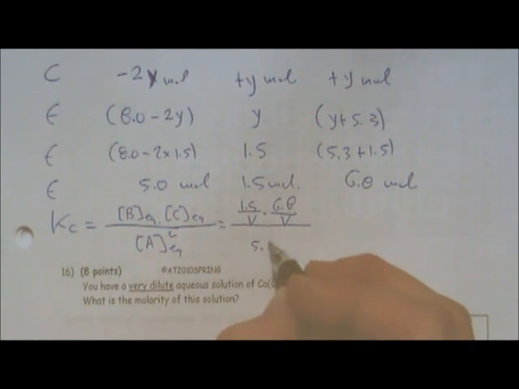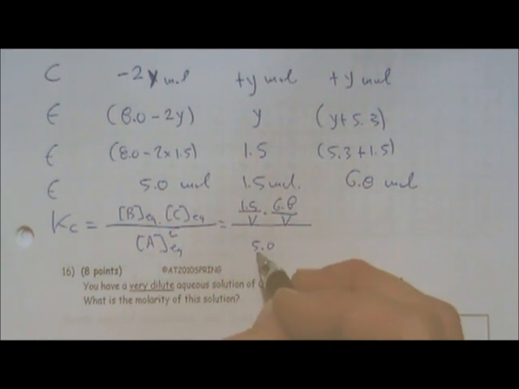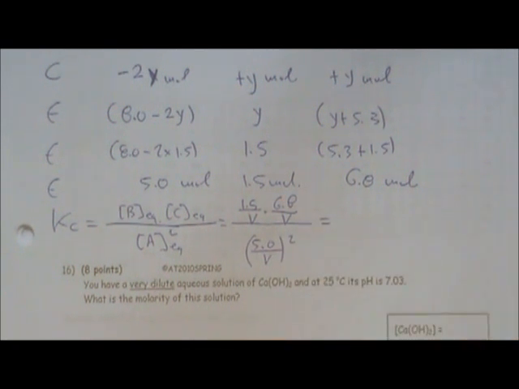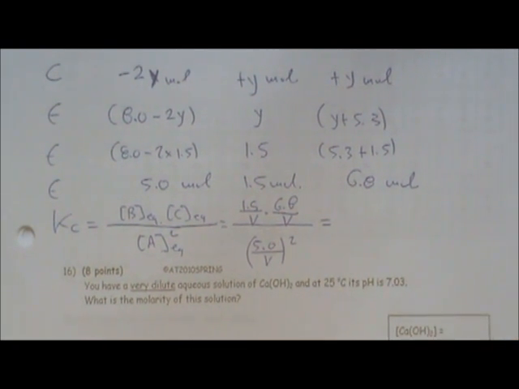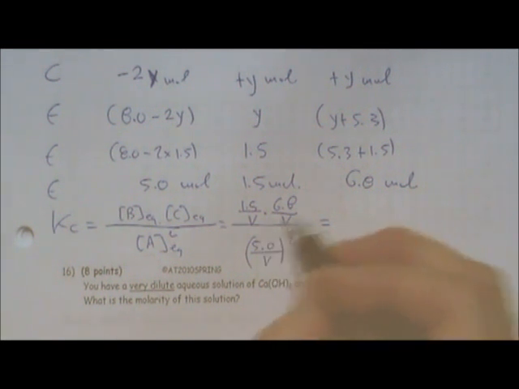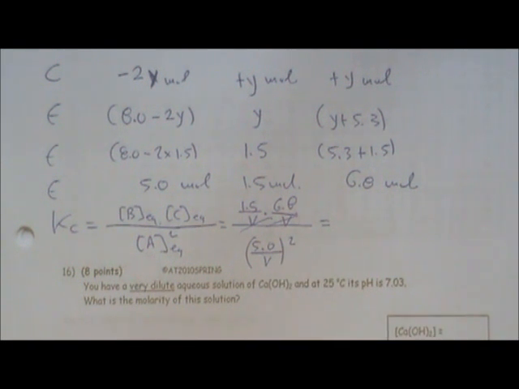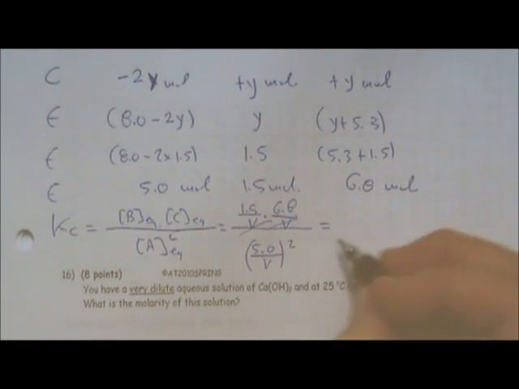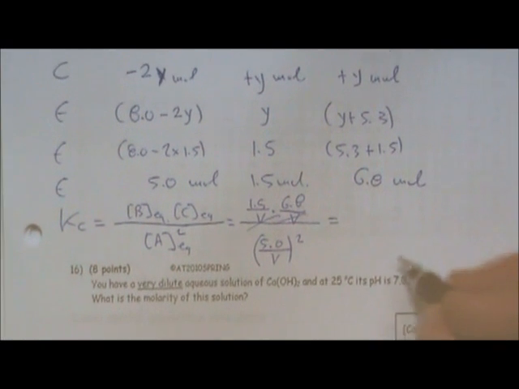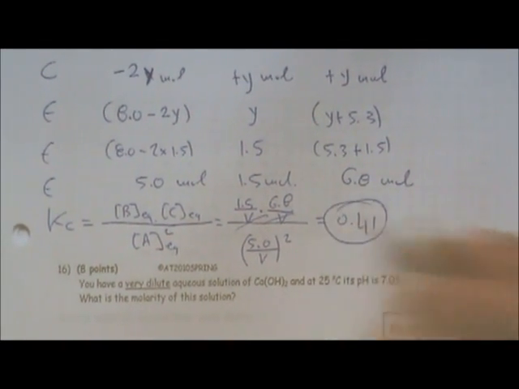A is 5.0 divided by volume, squared. We want to find Kc. Can you see that the volume goes away? Yes? V times V makes V squared here and goes away. So we don't need to know what the volume is. So you can find out that Kc is equal to 0.41.